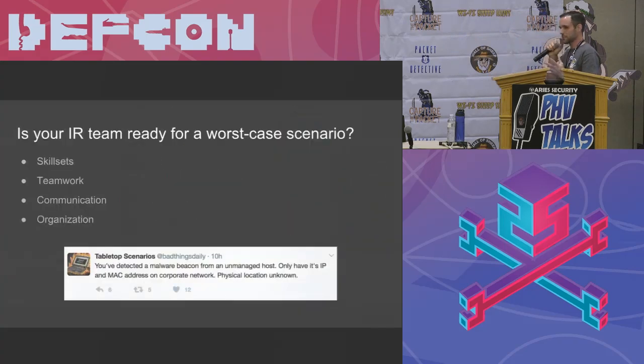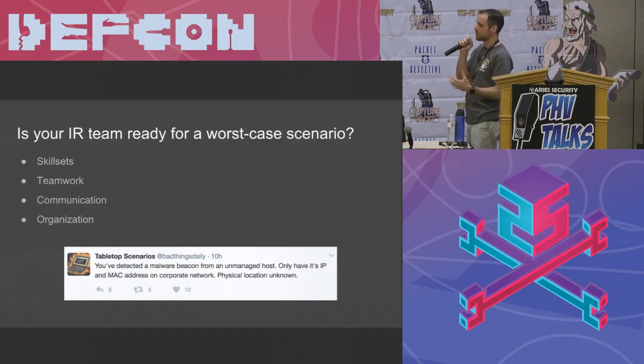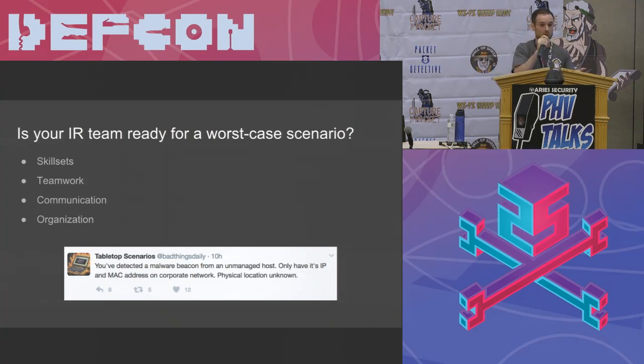So ask yourself this, and be honest. Don't tell me, but tell yourself the truth. Is your IR team ready for a worst-case scenario? How would you know? How often do you encounter a worst-case scenario? We're not talking about macros and viruses in emails. I'm talking about APT on the network, exfilling sensitive data.